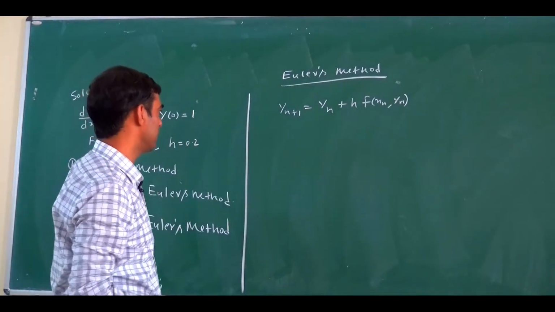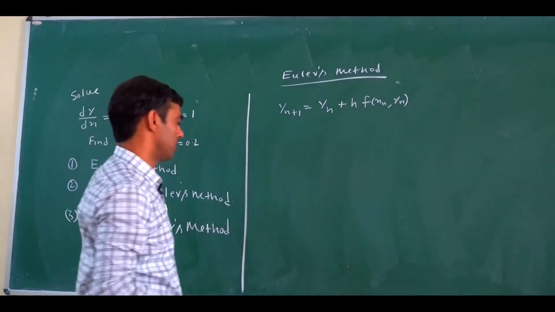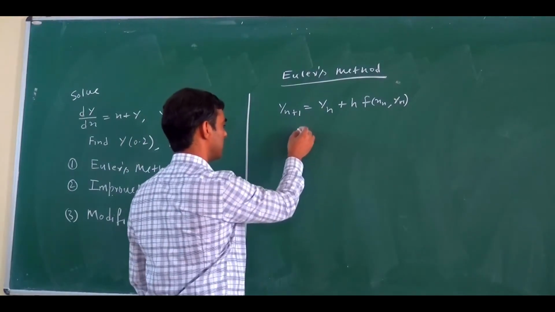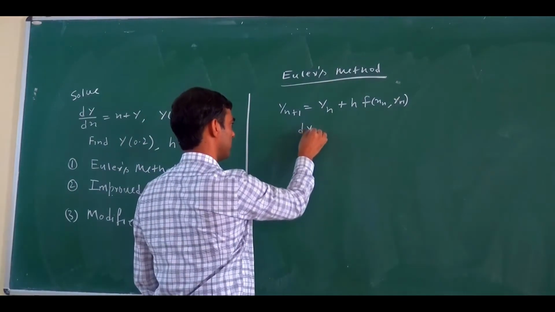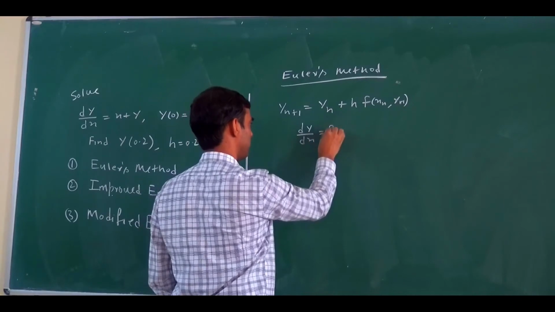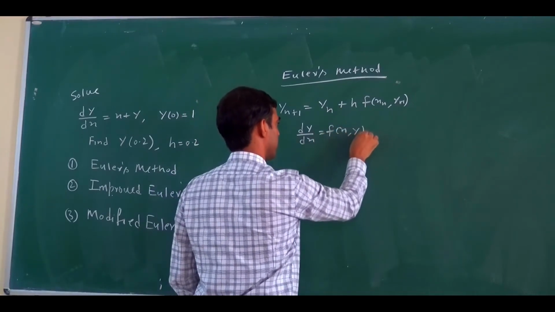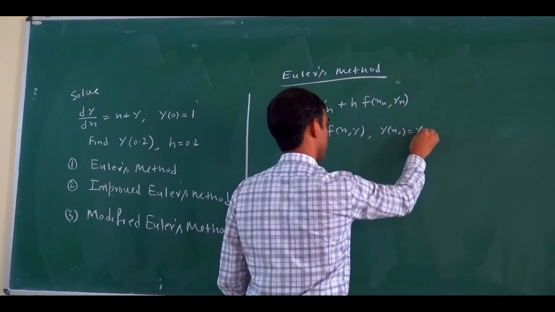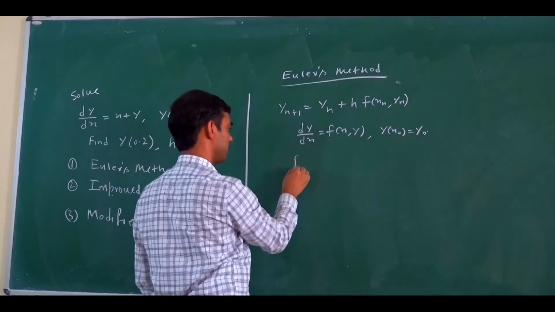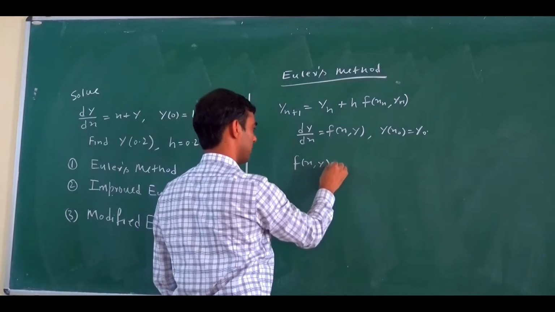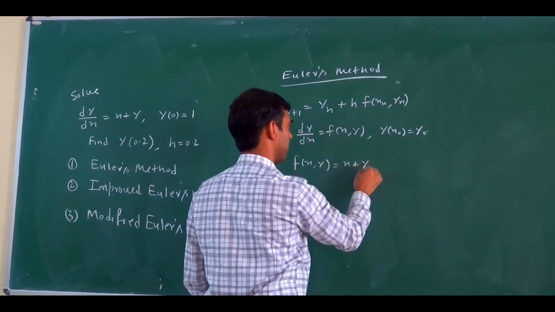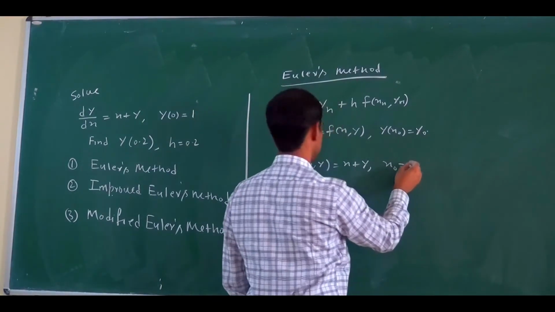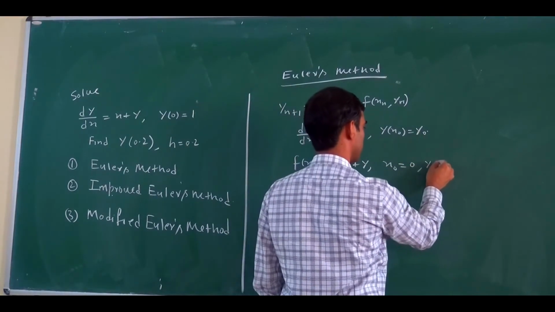If we compare with the standard form dy/dx = f(x,y), y(x0) = y0, what is the value of f(x,y)? f(x,y) becomes x + y. And what is the value of x0? x0 equals 0 and y0 equals 1.